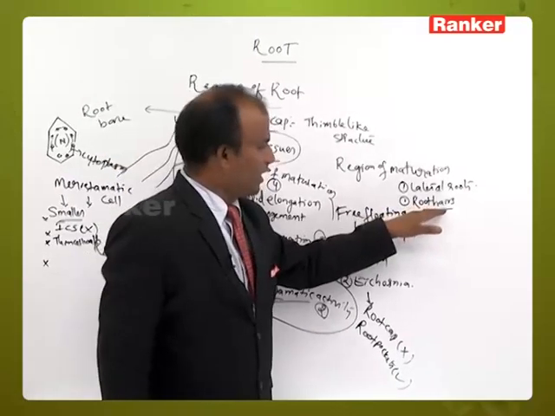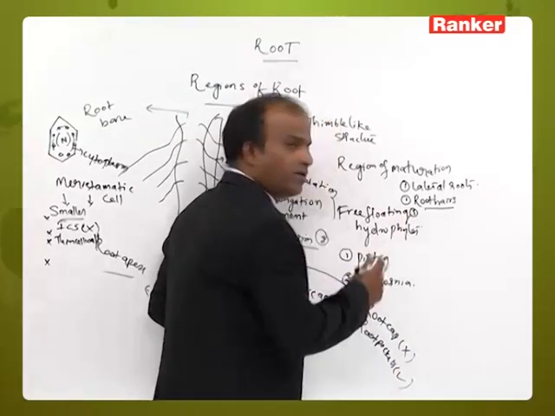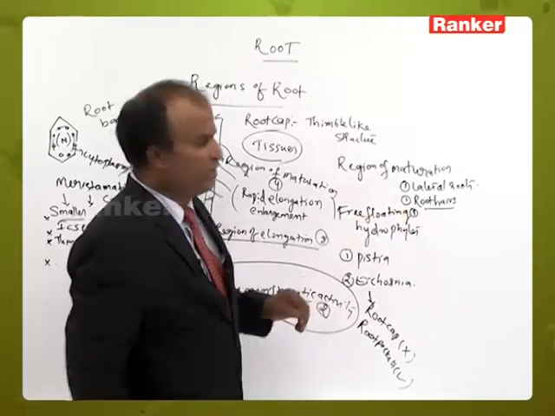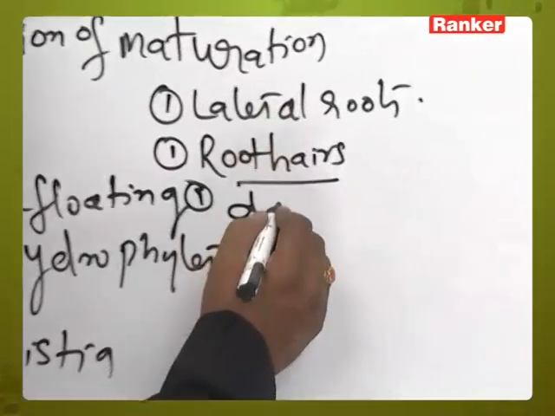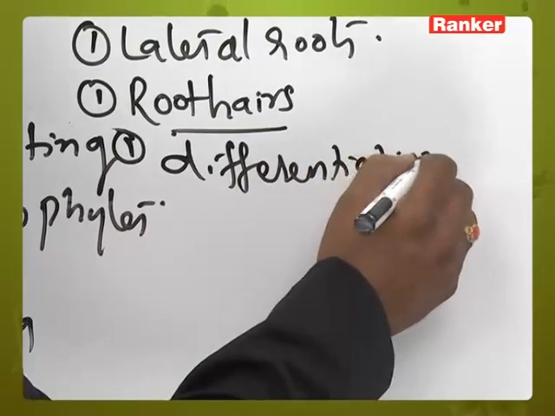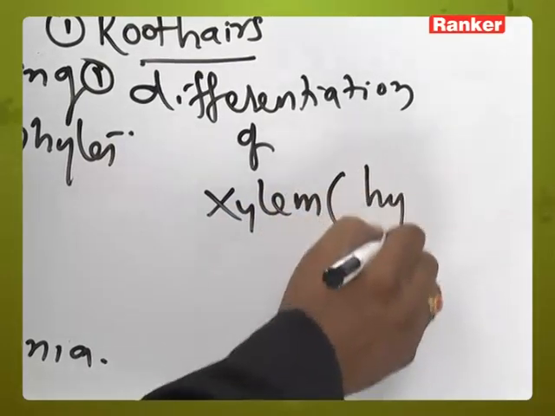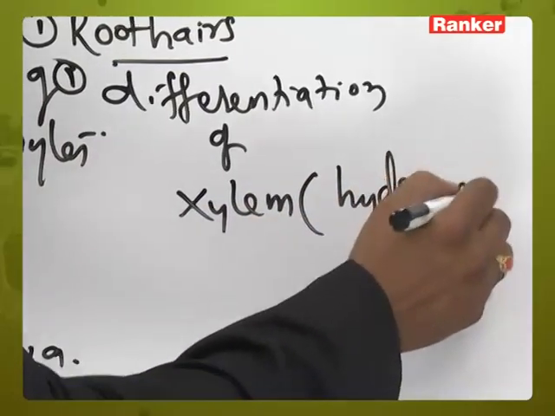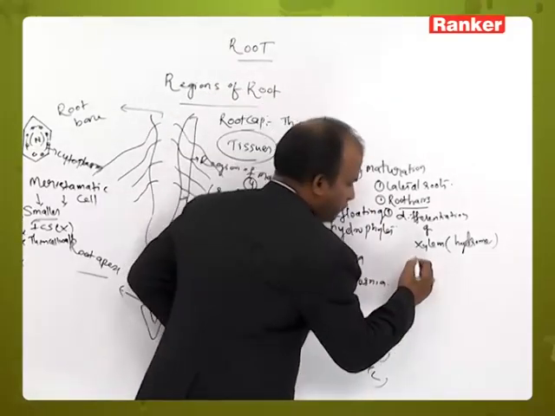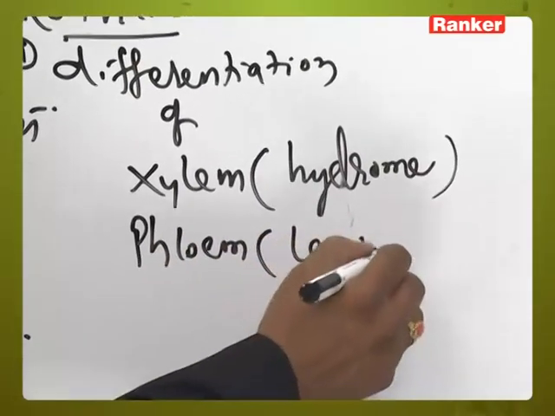After the root hairs, what is another part that can be seen in the region of maturation? Differentiation of xylem, that is nothing but hydrome. Differentiation of phloem, that is nothing but leptome.